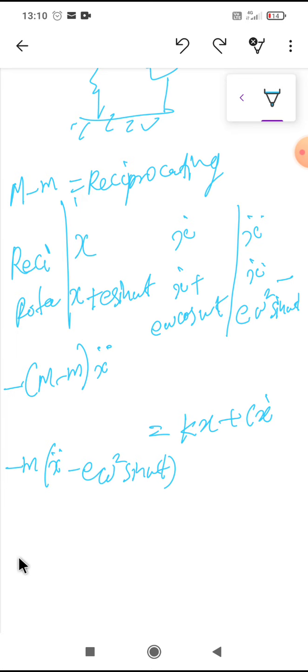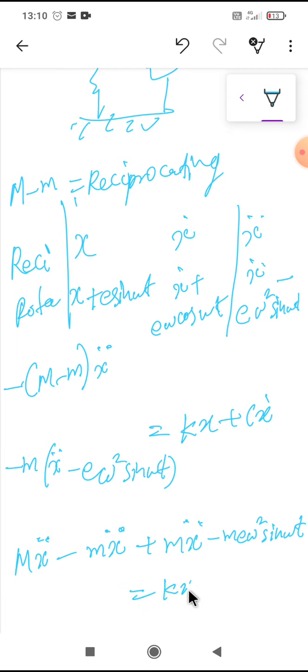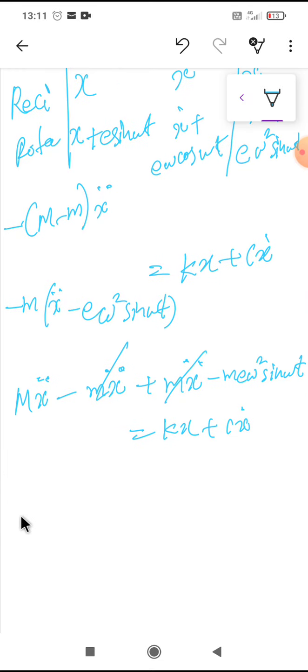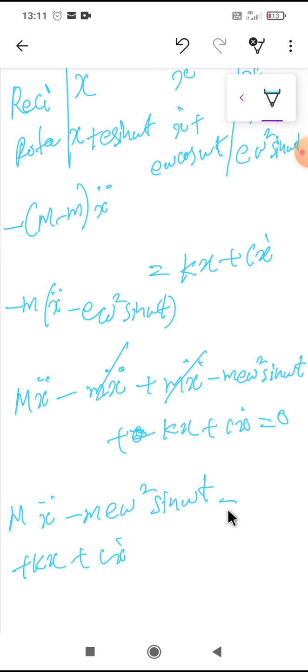So it will be (M minus m) x double dot plus m x double dot minus m e omega square sine omega t, plus kx plus c x dot equal to 0.